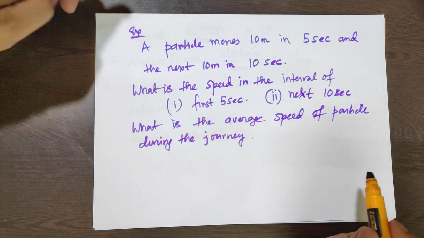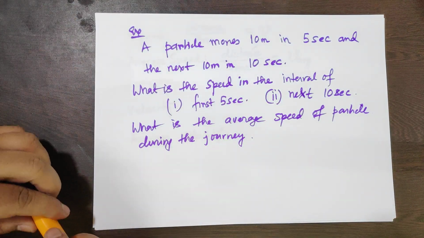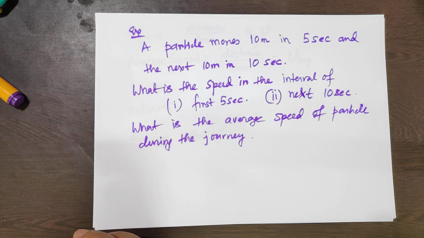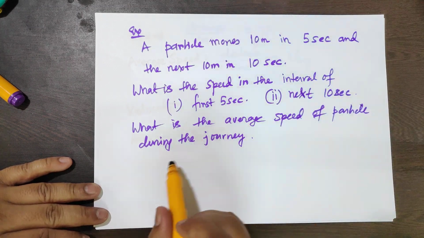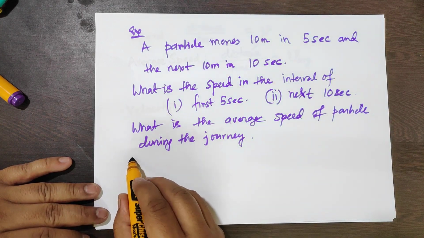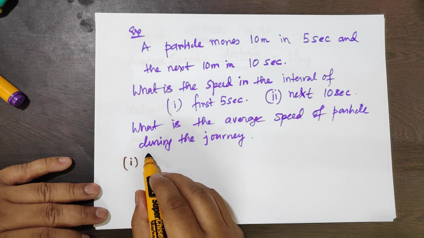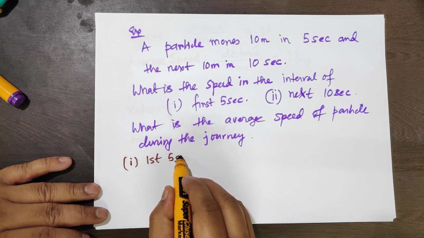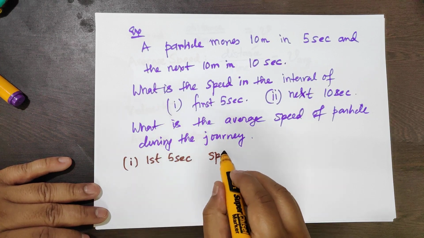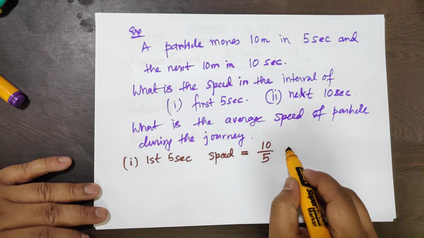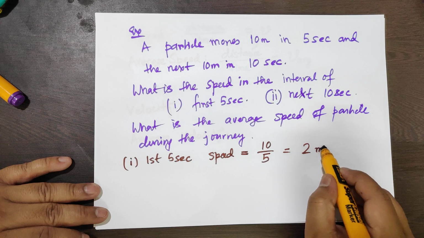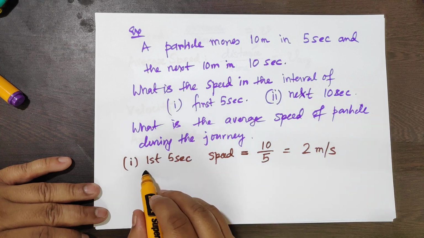So as you see here, the particle moves first 10 meters in 5 seconds. So in the first 5 seconds, the speed is equal to 10 by 5, that is 2 meter per second.